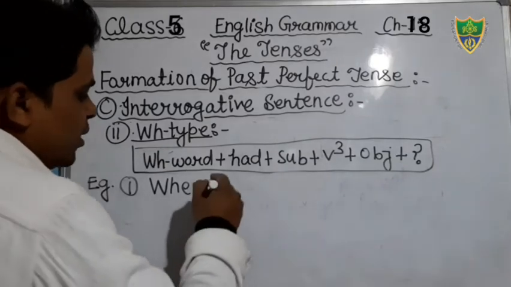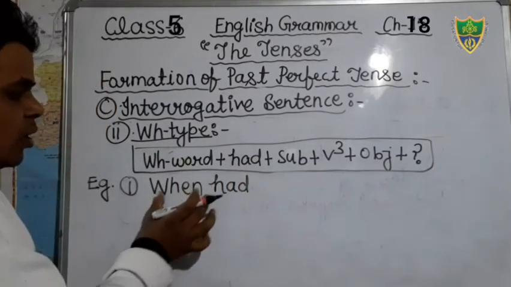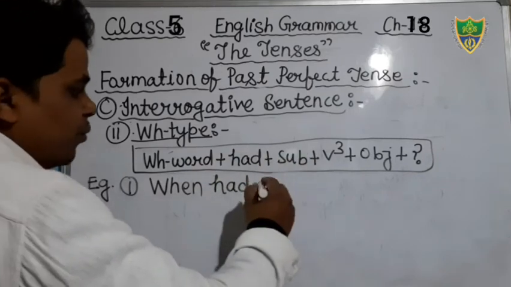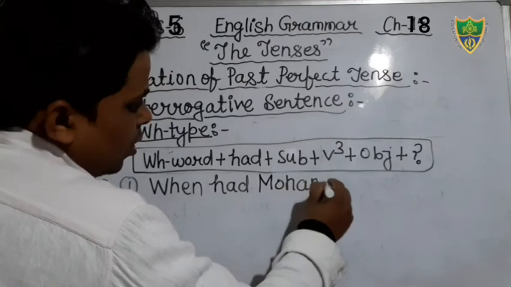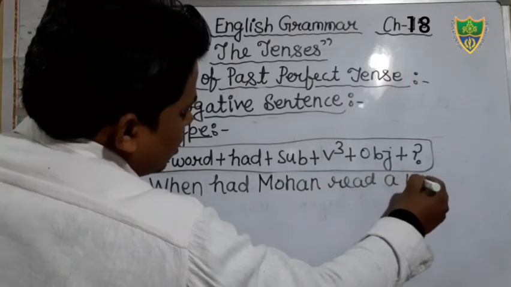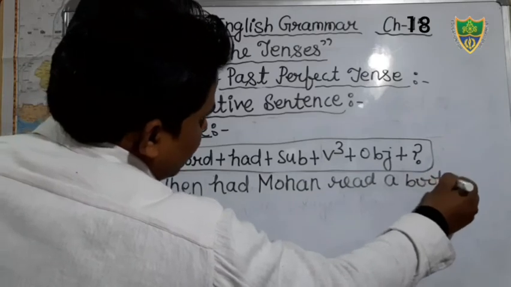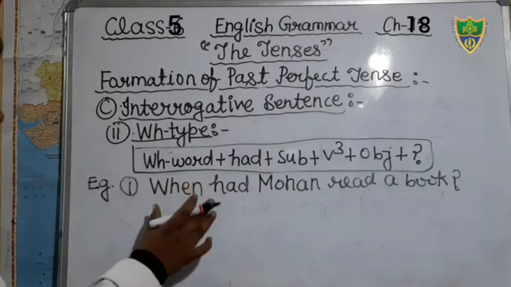Helping verb. Just see, when had Mohan. You can see the WH word, helping verb had, then Mohan. When had Mohan read a book? You can put the question mark at the end of the sentence. You see students, when had Mohan read a book? That is your WH type interrogative sentence.